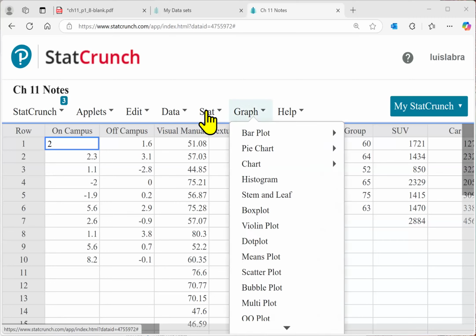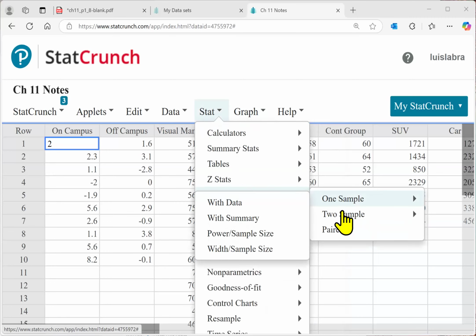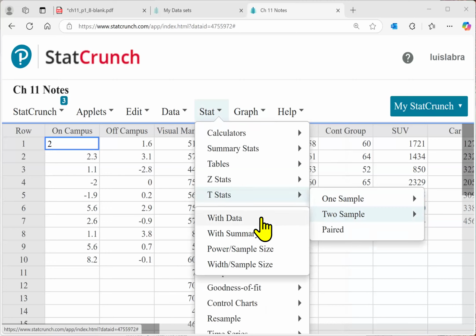Right, sorry about that. Technology was not cooperating. So we're going to Stats, 2 sample, and we've got data in this case because we have the data in StatCrunch.